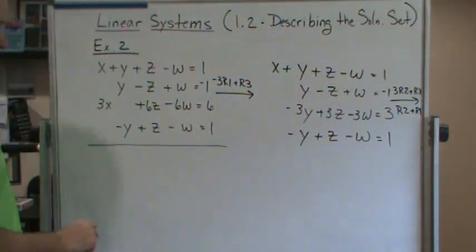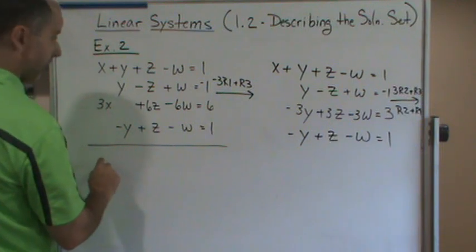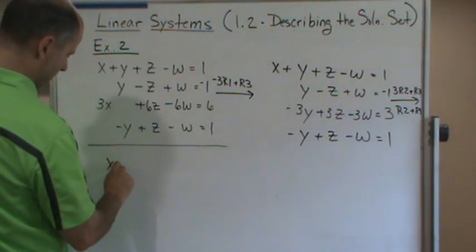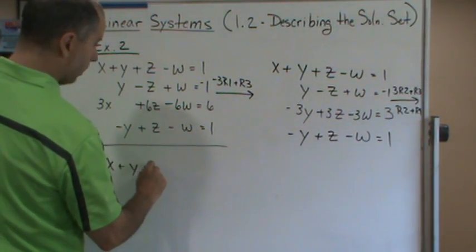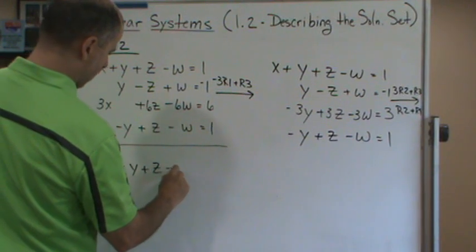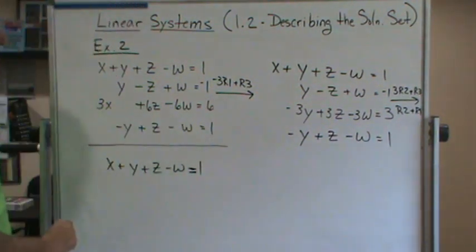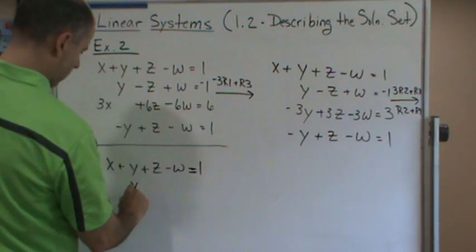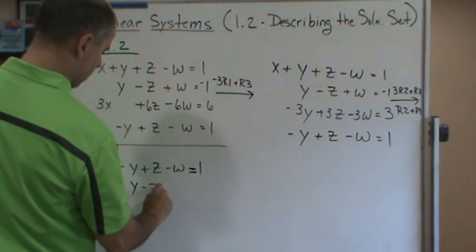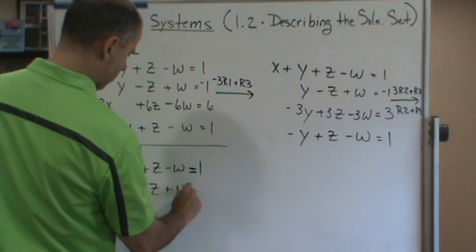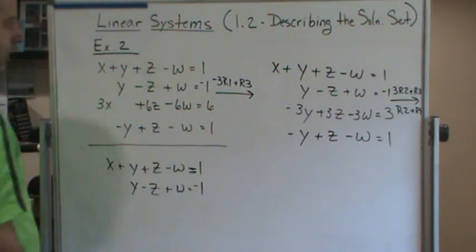Okay, what do we get? We're just going to copy the first two rows, so x plus y plus z minus w equals 1. And then we got y minus z plus w equals -1.